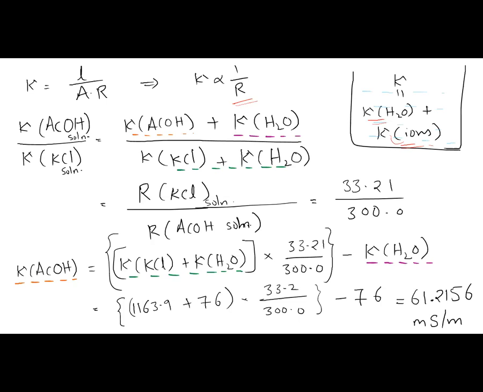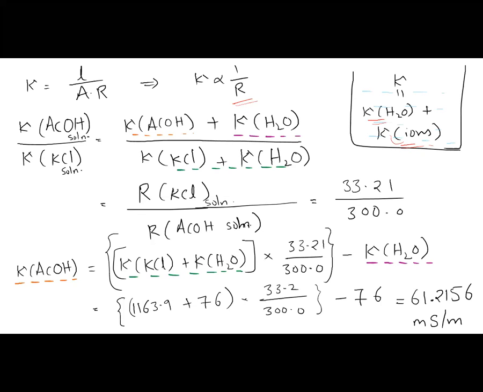Since, as I mentioned earlier, kappa is directly proportional, or inverse resistance is inversely proportional to the conductivity, if I were to rewrite this, it's going to be the resistance of the KCl solution over the resistance of the acetic acid solution. Since this is inversely proportional, we're going to flip the KCl and the acetic acid in this term, which is equal to 33.21 over 300. We know these values from the question.